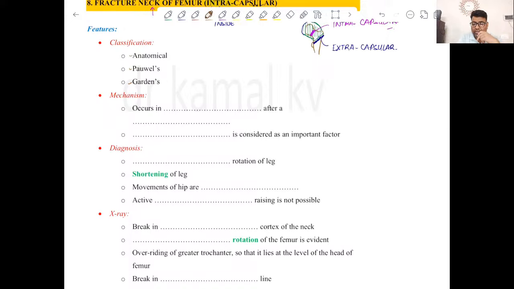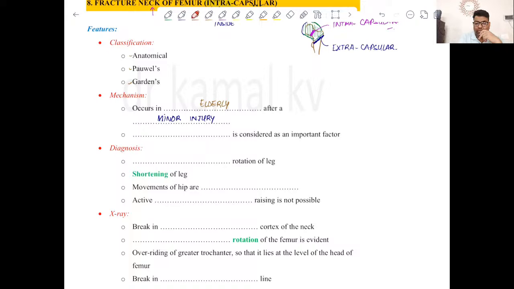So it occurs in the elderly, right? And this can occur even after a minor injury, which is very important here. It can be a simple twisting of the leg. Even a minor injury is sufficient to break the neck of femur.